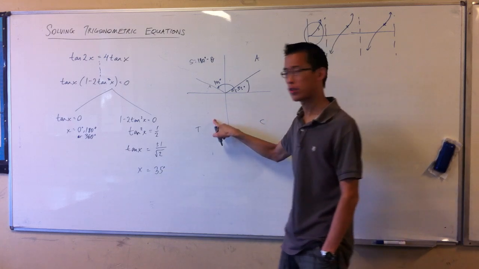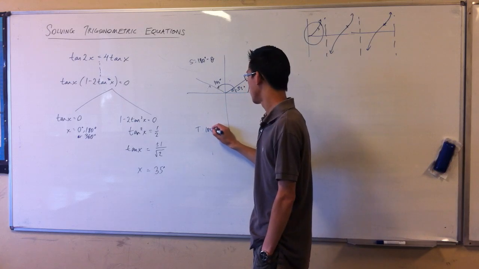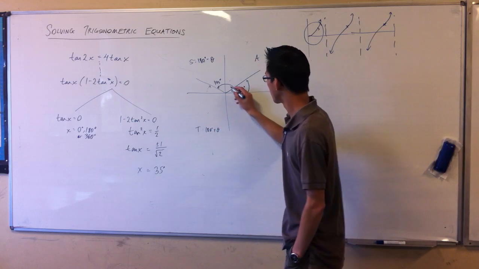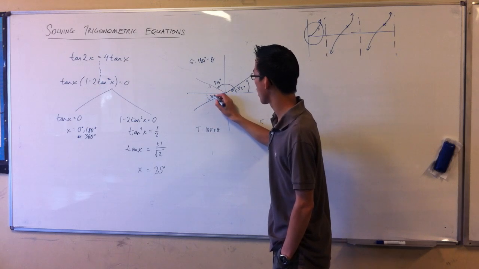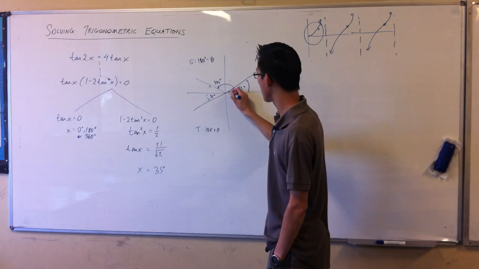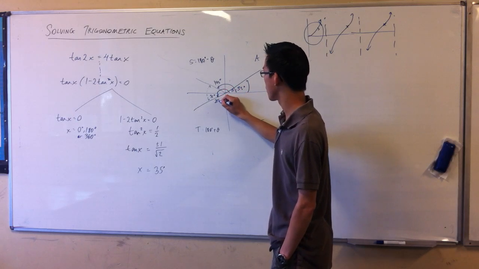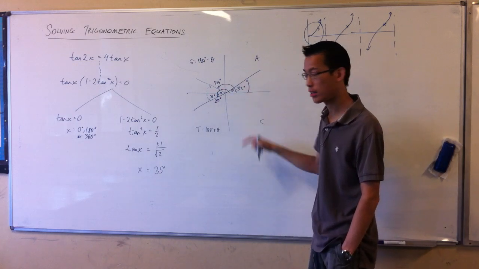To get my angle in the third quadrant, I don't go 180 minus theta, I go 180 plus. Okay, so there it goes again, there's another 35 degrees. So the actual angle that I want, the whole angle, is going to be 215. That's what this reflex angle in here is.